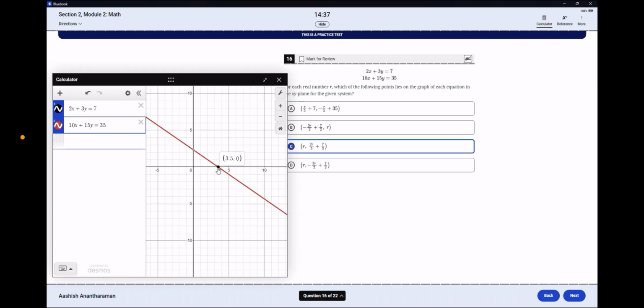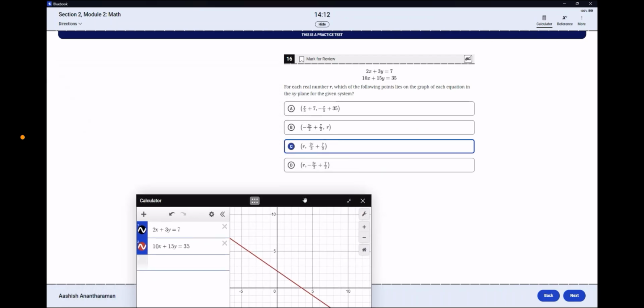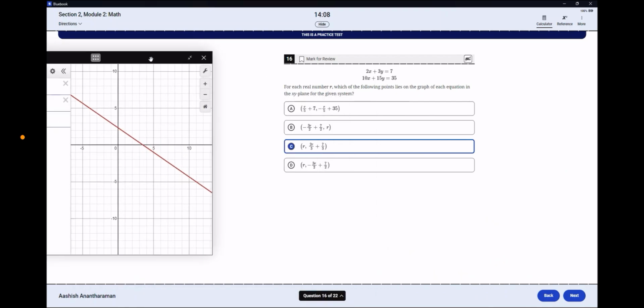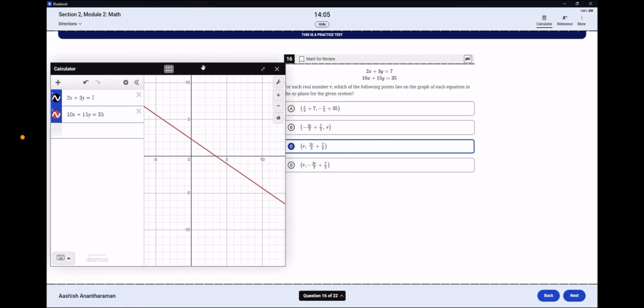So if we have 3.5, for example, if x is 3.5, that's going to be... So we're trying to find each real number r, every single real number should have points that make sense in this. So let's look at A, for example.